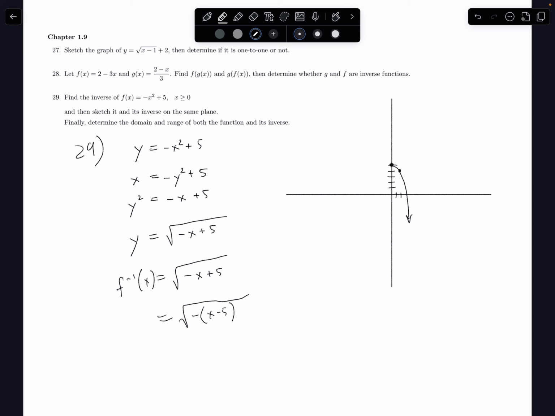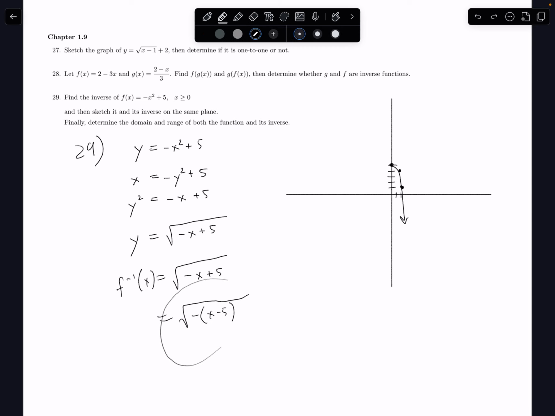Excuse me, this point should actually be right here. I gotta try to be a little more accurate here. It's like here. So like this. Something like that.